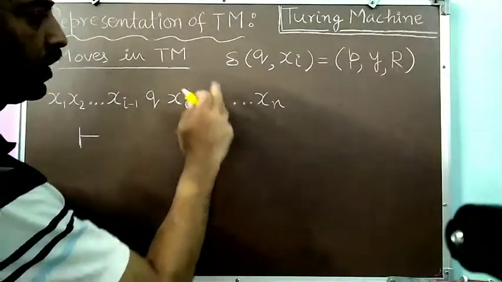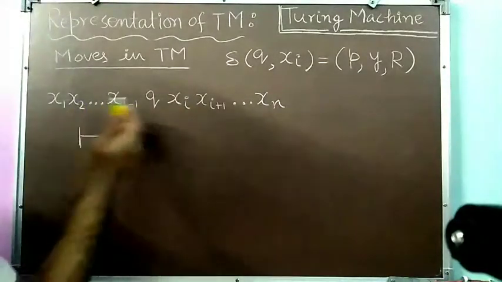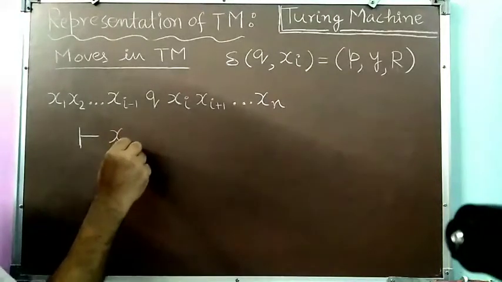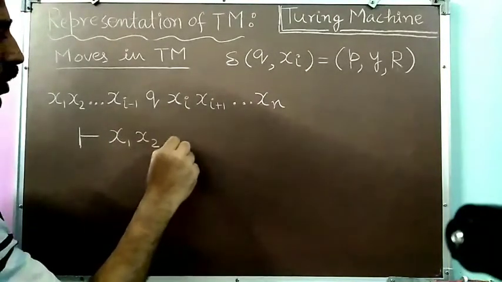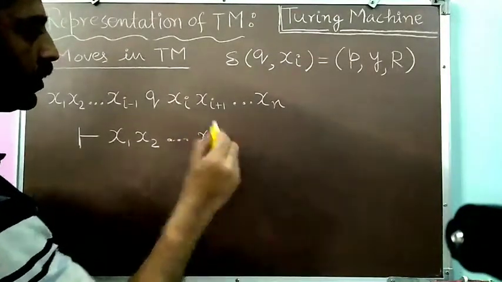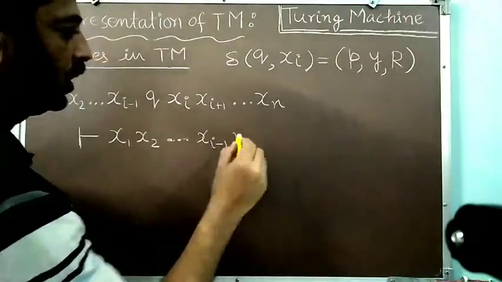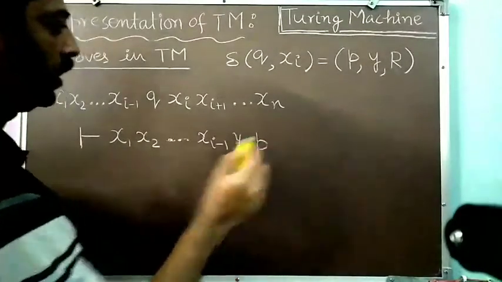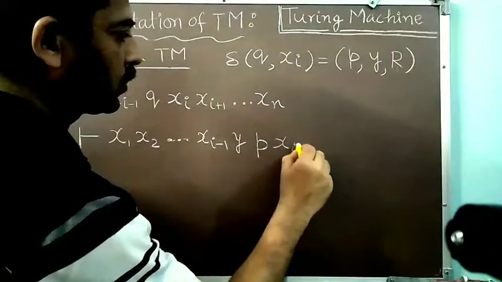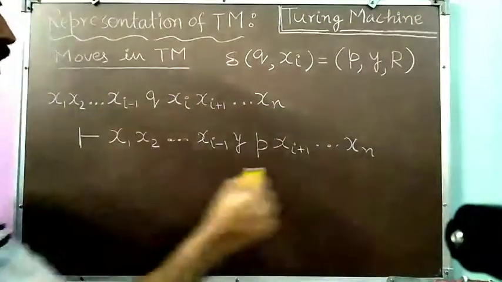Up till xi, whatever it is, will come before the state. So we write x1, x2 and so on up till xi minus 1 as it is, in place of xi we write y, and then we write p, because now xi plus 1 has to be the current symbol under the read-write head. So xi plus 1 will be here and so on up till xn. This will be the new ID.